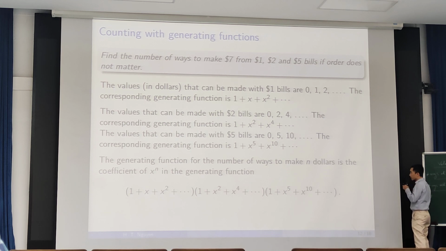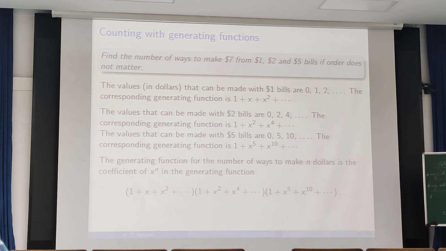For example, for the value of $5, if we take $3 of the $1 notes, and $2 of this type, and $0 of this type, then you have one way.